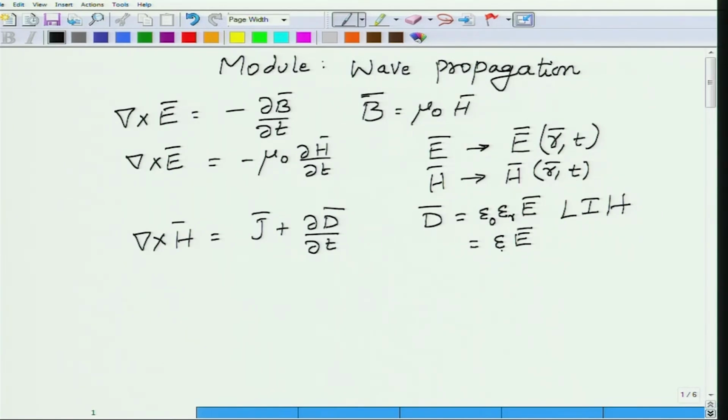Epsilon is a constant, it includes the free space permittivity epsilon 0. If the medium that we are considering happens to be a dielectric with epsilon r greater than 1, then it would be epsilon 0 into epsilon r.